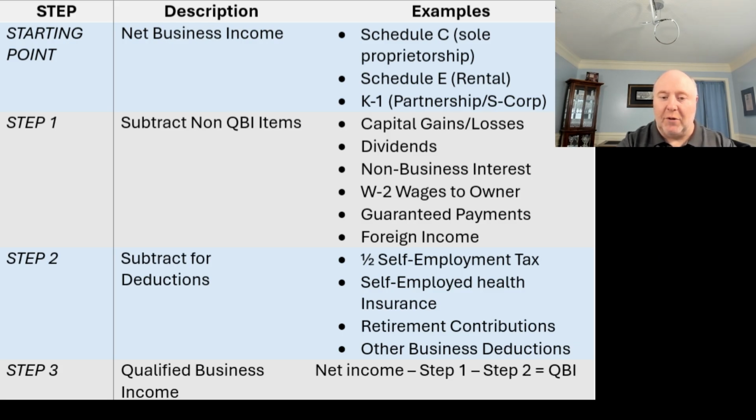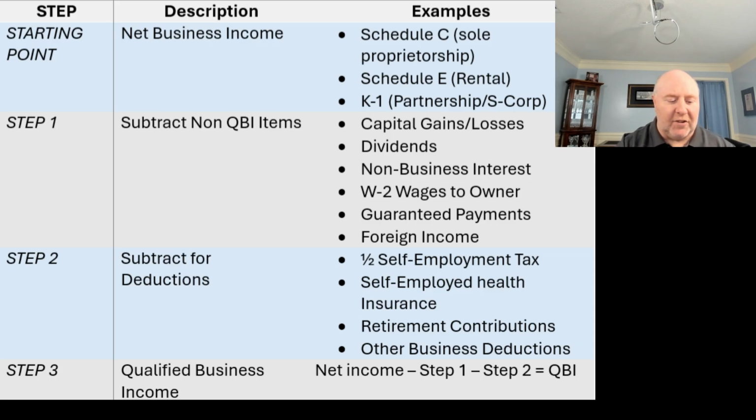That's a deduction that we're able to take. So we have to subtract that out. We have to subtract out health insurance, right? Our health insurance premiums, retirement contributions. Those are all going to be different things that we're going to subtract out from our QBI. So we're backing those out, okay? Because they weren't already handled within our schedules.